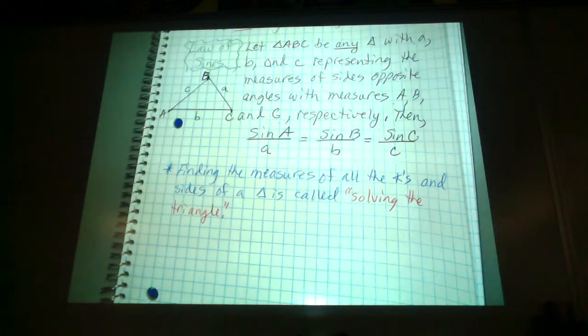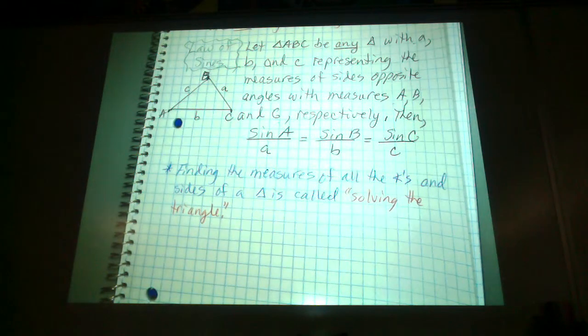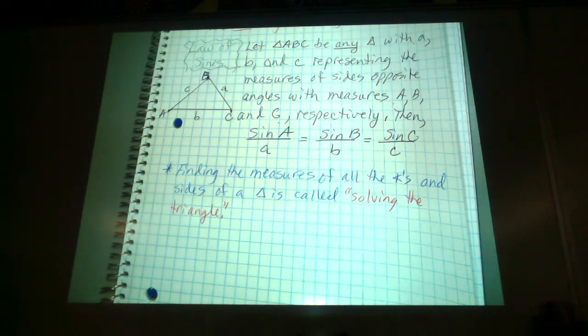So if you're asked to solve the triangle, they're asking you to find the measures of all 6, 3 angles and 3 sides.